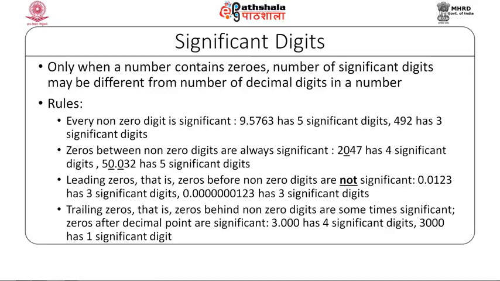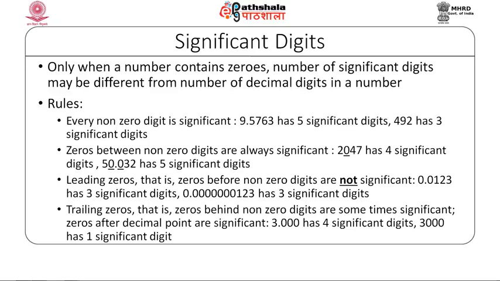For example, if we have the number 0.0123, both the occurrences of 0 are non-significant. So 0.0123 has only 3 significant digits, namely 1, 2 and 3, and similarly 0.00000000123 also has only 3 significant digits, 1, 2 and 3.